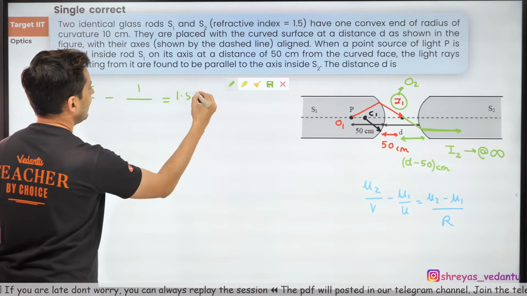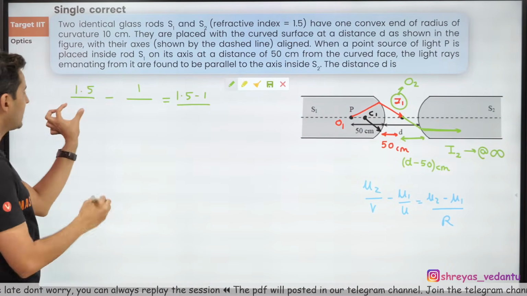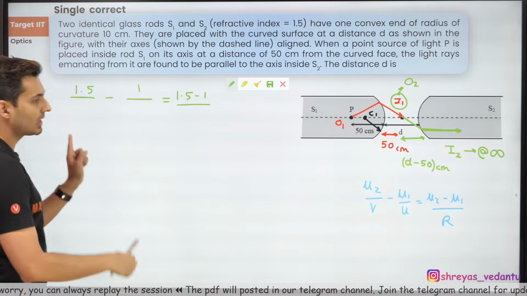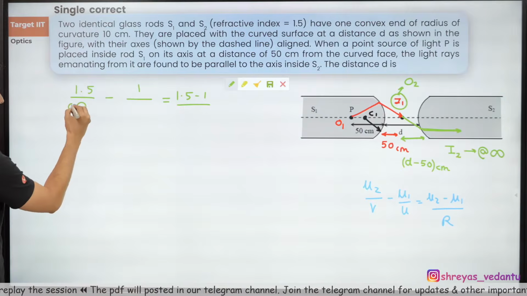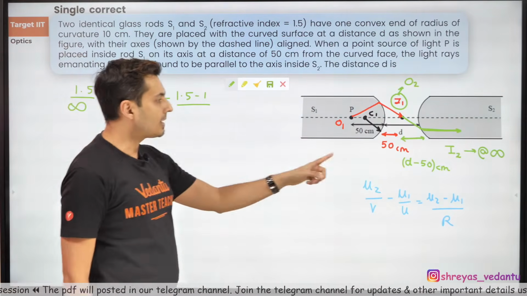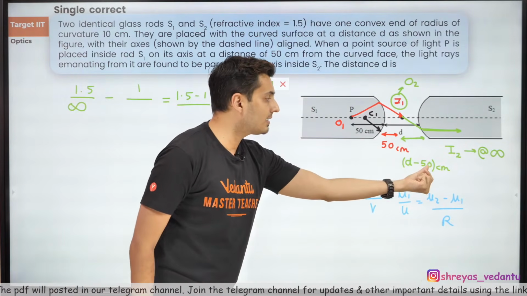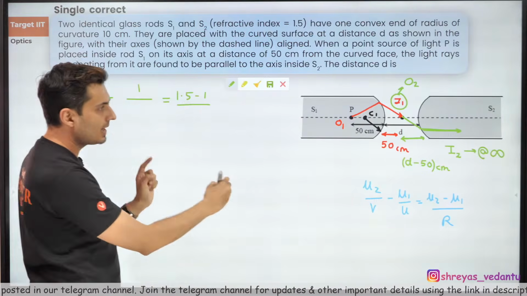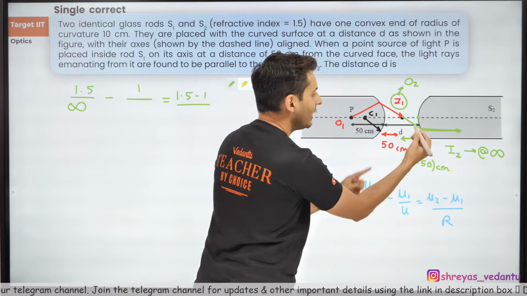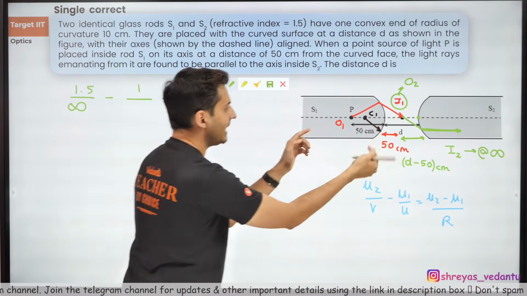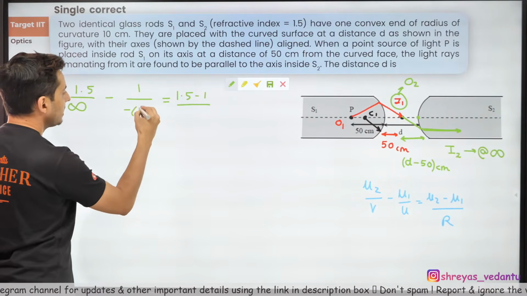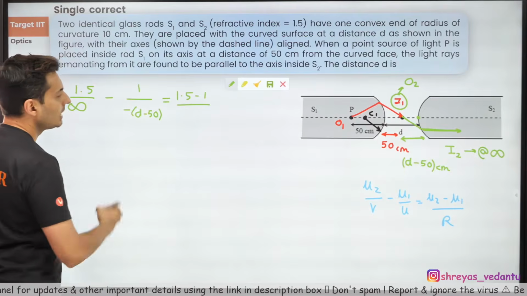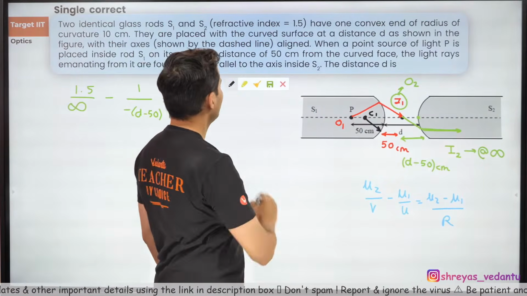So it will be 1.5 minus 1. And here you have image distance. Remember, the image is formed at infinity, so do not forget to put infinity over here. Next, object distance is d minus 50 but with a negative sign, because the object is on the left side of the pole. With Cartesian coordinates, it will be minus (d minus 50).